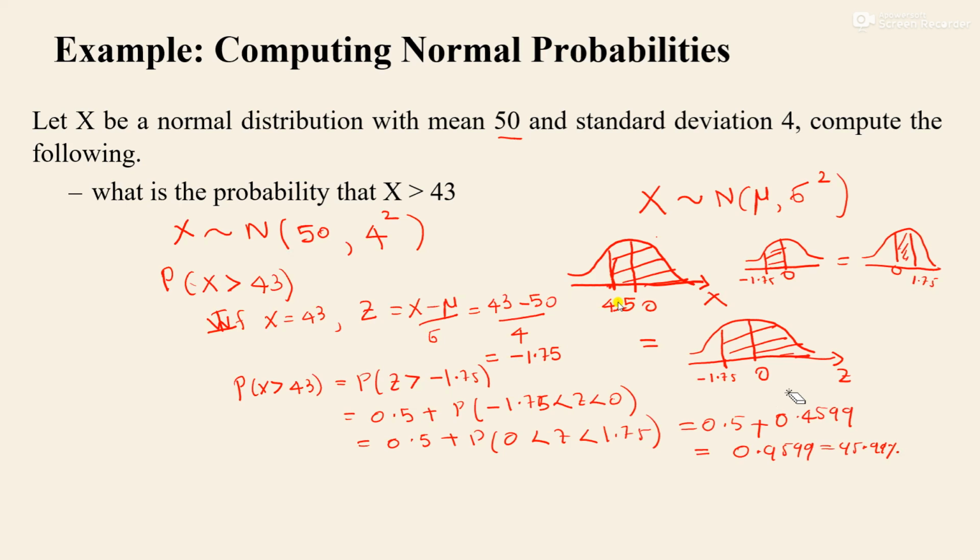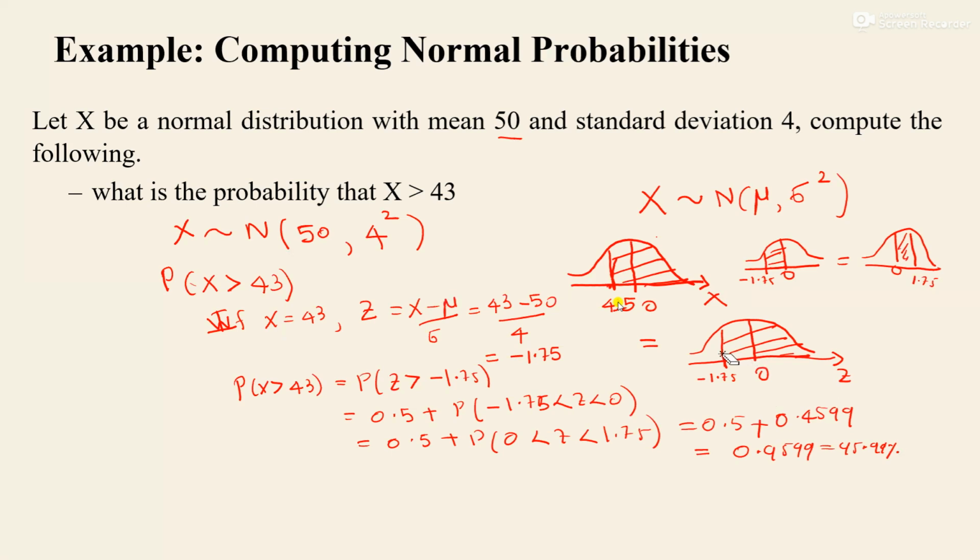So this indicates there is a chance of 95.99% that x is greater than 43. So in the given normal distribution, for x being greater than 43, the probability is 95.99%. Right?